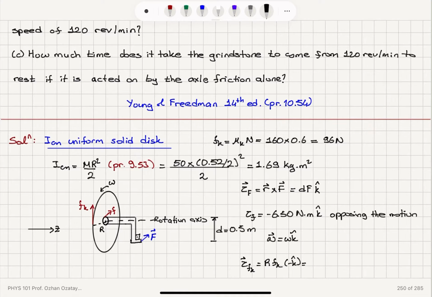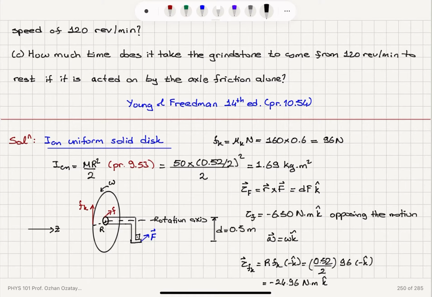So this is basically the radius 0.52 meters divided by 2 multiplied by kinetic friction 96 newtons in minus k hat direction. So I find that this torque is equal to minus 24.96 newton meters k hat. So it's in minus k hat direction.